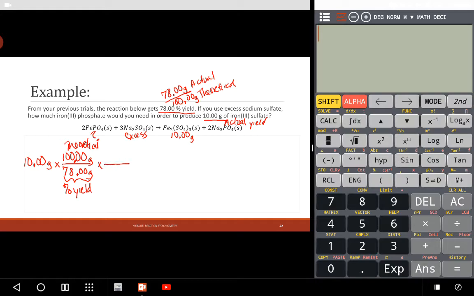Okay, so that would tell us our target theoretical yield for the iron 3 sulfate. Then I would need to cancel out the grams of iron 3 sulfate. Got my subscripts backwards. I need to get into moles. Whenever we do stoichiometry, we always try to get into moles. And that would be moles of the iron 3 sulfate.